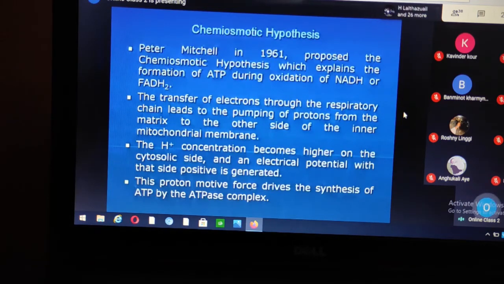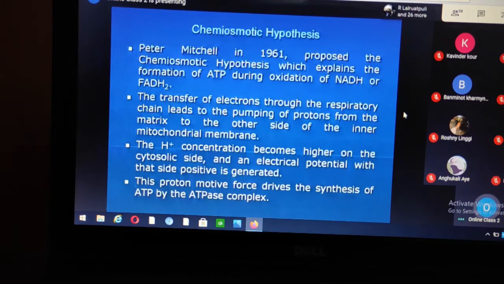Then when the protein returns to its native conformation, that energy is released and utilized by the cells to form ATP from ADP and inorganic phosphate. Since there is a change in the conformation of the protein, that hypothesis is called the conformational change hypothesis.